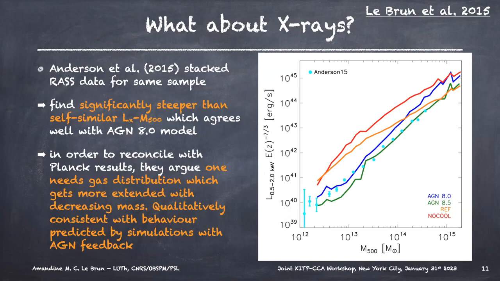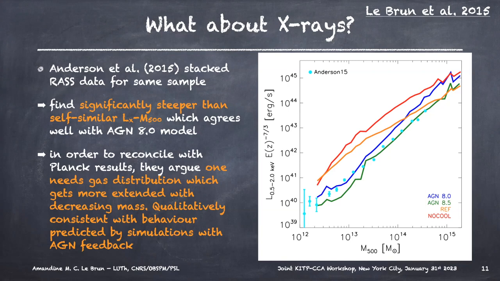And I mentioned X-rays at the beginning. So what about X-rays? It turns out while we were doing this analysis, some people had the idea to take the ROSAT survey and to stack the X-ray signal around the same SDSS galaxies as the Planck team, using similar mass bins.